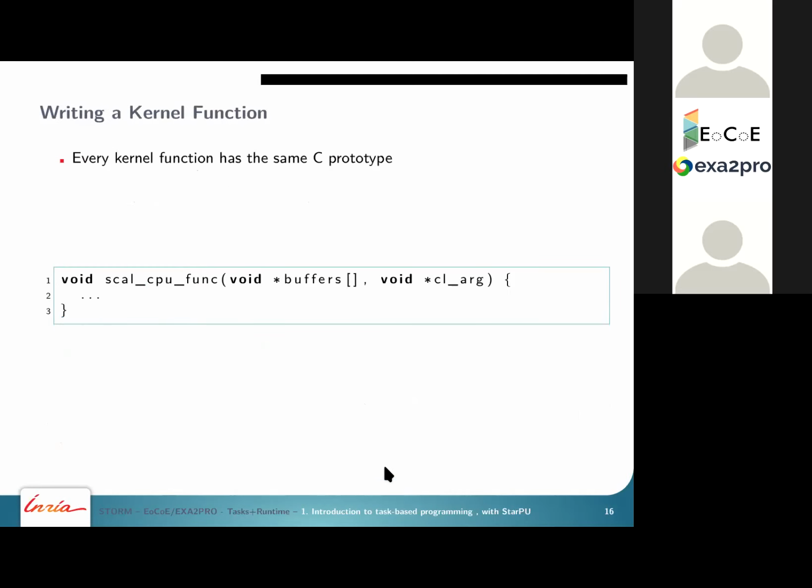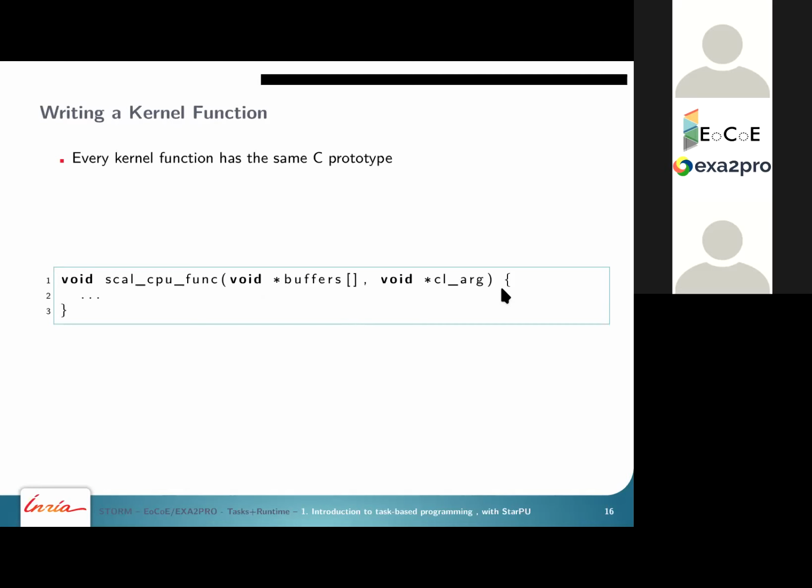Now the kernels themselves. The function that was referenced from the codelet, since it's C, has to have the same prototype for all kinds of computation. That's a bit of a pity that you don't have polymorphism in C, but okay, StarPU is a C library which allows for a lot of flexibility of integration in different kinds of languages.